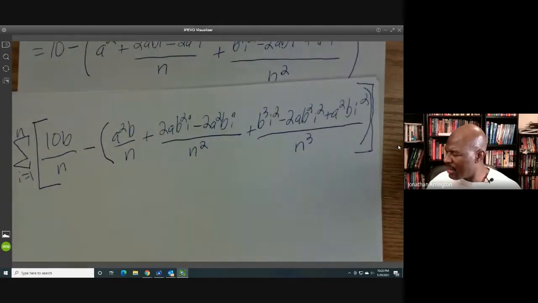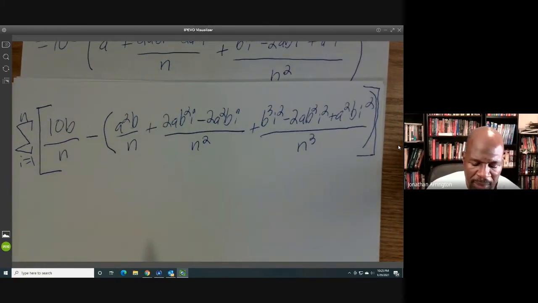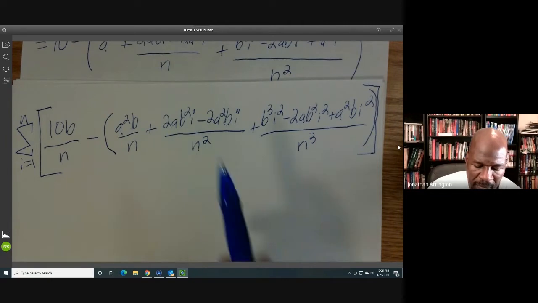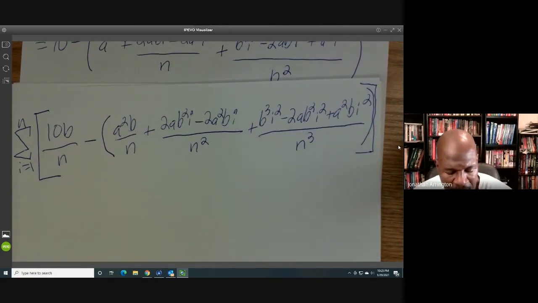Everything that doesn't have an i in it, I'm considering a constant. So this is a constant, this is a constant. And for these guys with i and these guys with i squared, I'm going to use the particular rules that go for those. And some of this I'll break the terms down so I don't confuse you.